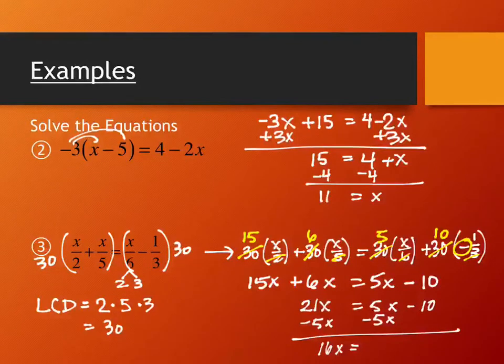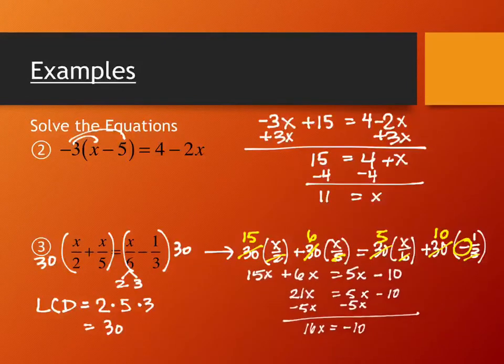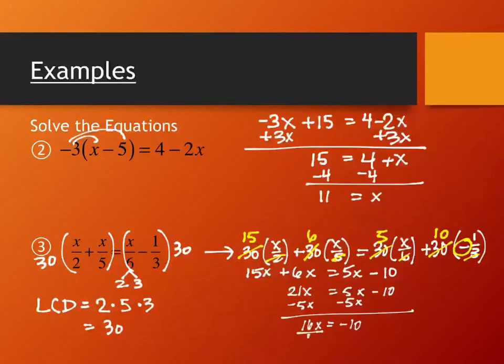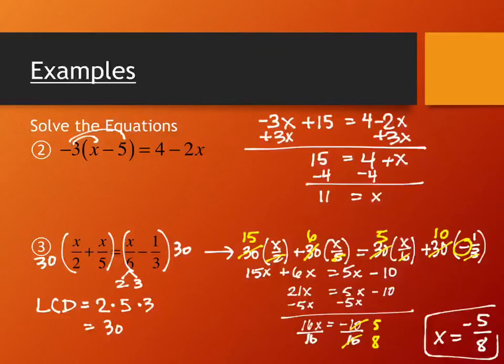And it equals negative 10. Then what? Divide by 16. 10 and 16 are both even, right? So they can reduce. Divide each by 2, I get 5 and 8. So x is equal to negative 5 over 8.